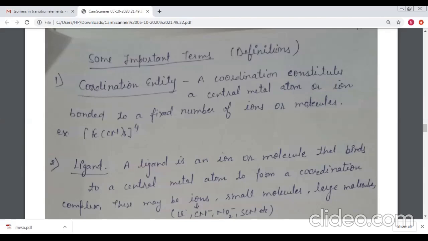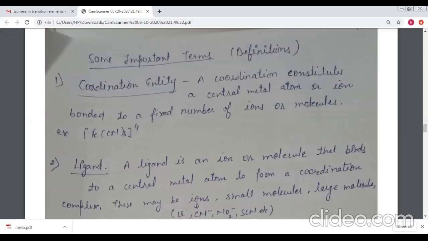A coordination entity constitutes a central metal atom or ion bonded to a fixed number of ions or molecules, which may be ligands also.